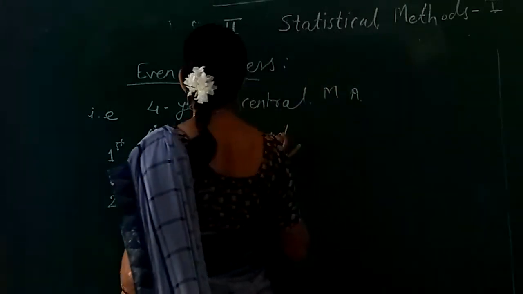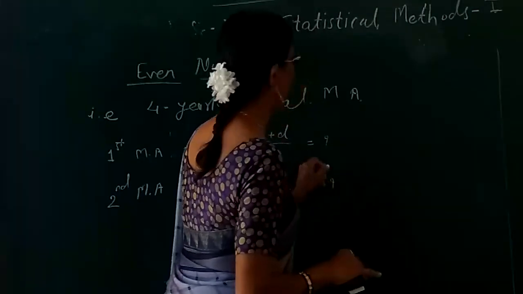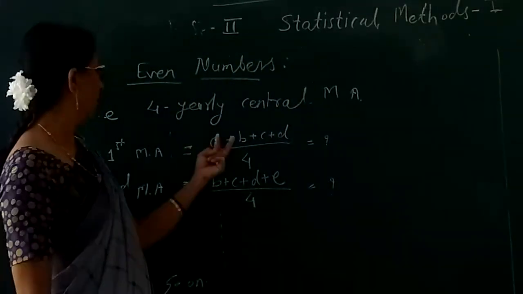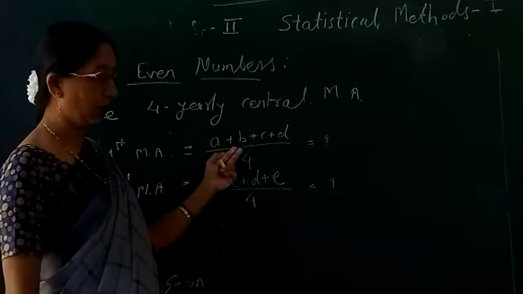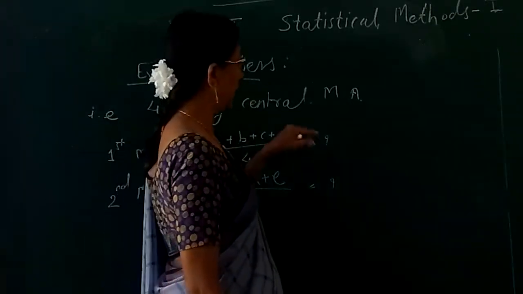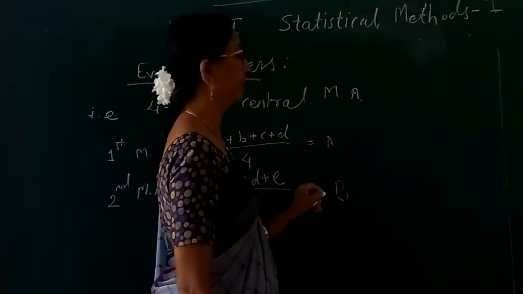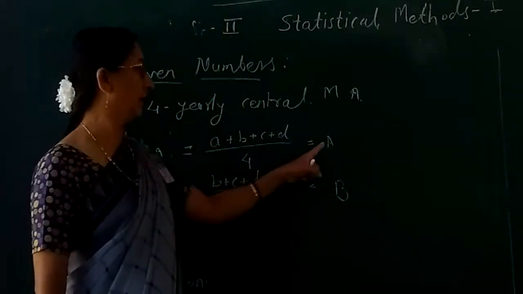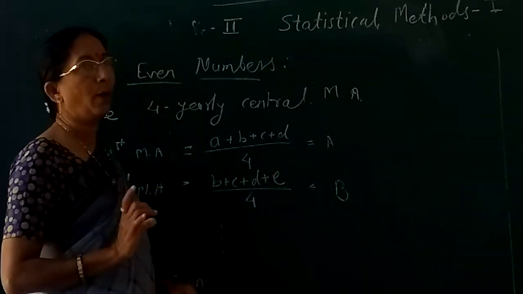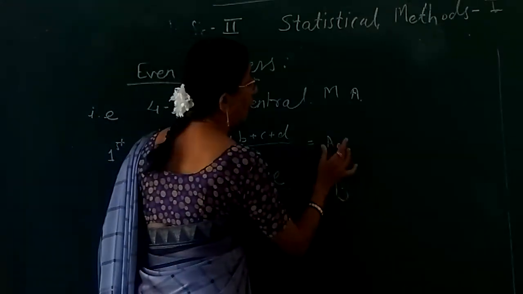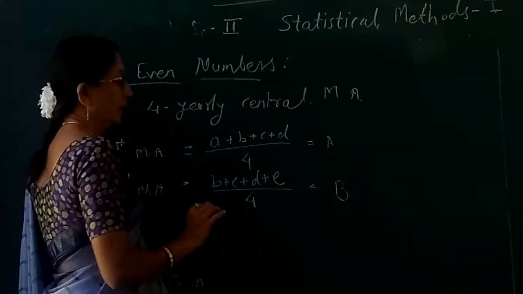Now these averages can be written at the middle of A and B, and B and C. Now your problem is that this average cannot be determined graphically.